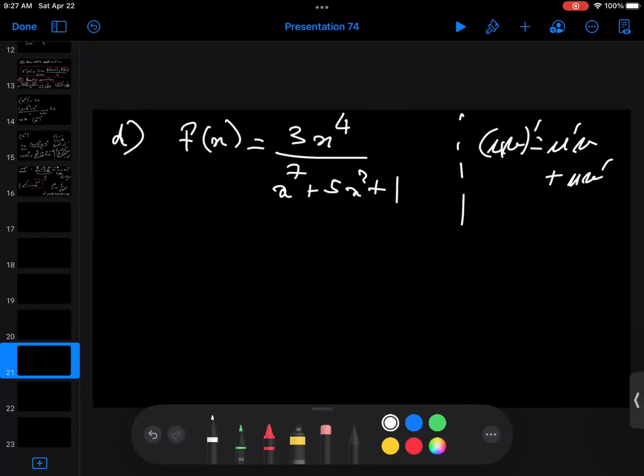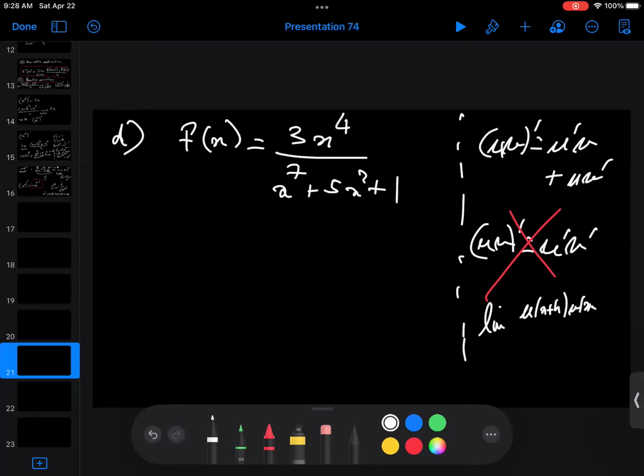When you look at it, you could say (uv)' equals u'v', but that's not right. If you go back to the definition and compute the limit of u(x+h)v(x+h) minus u(x)v(x), divided by h, when h goes to 0, you will obtain that.